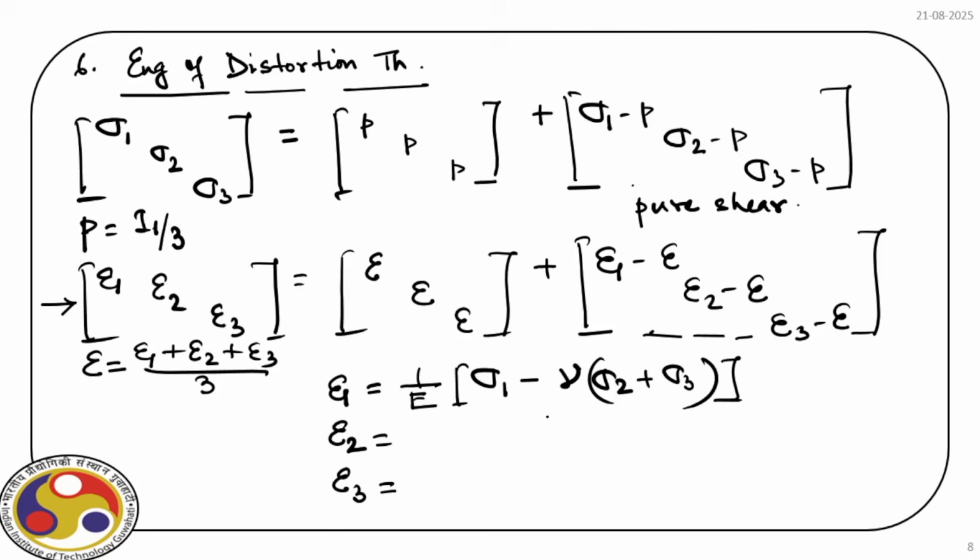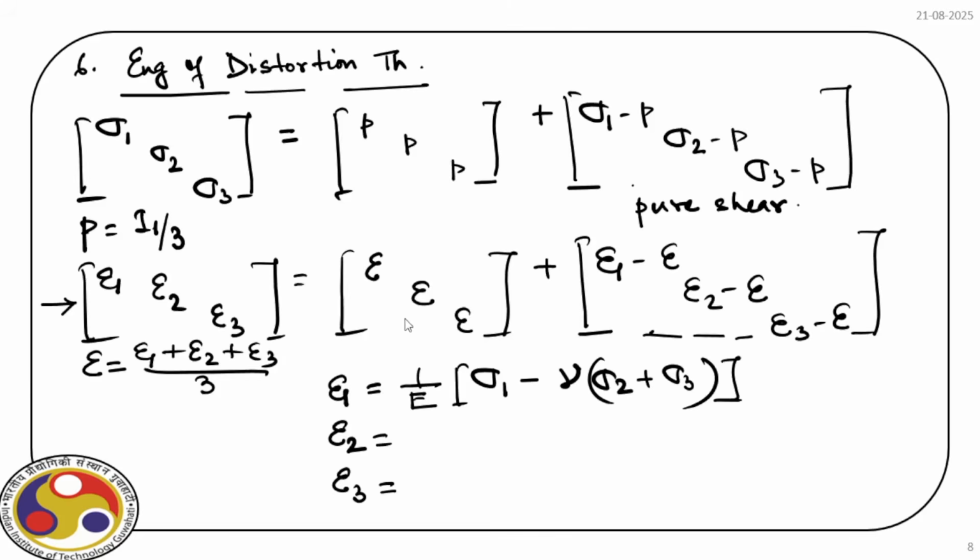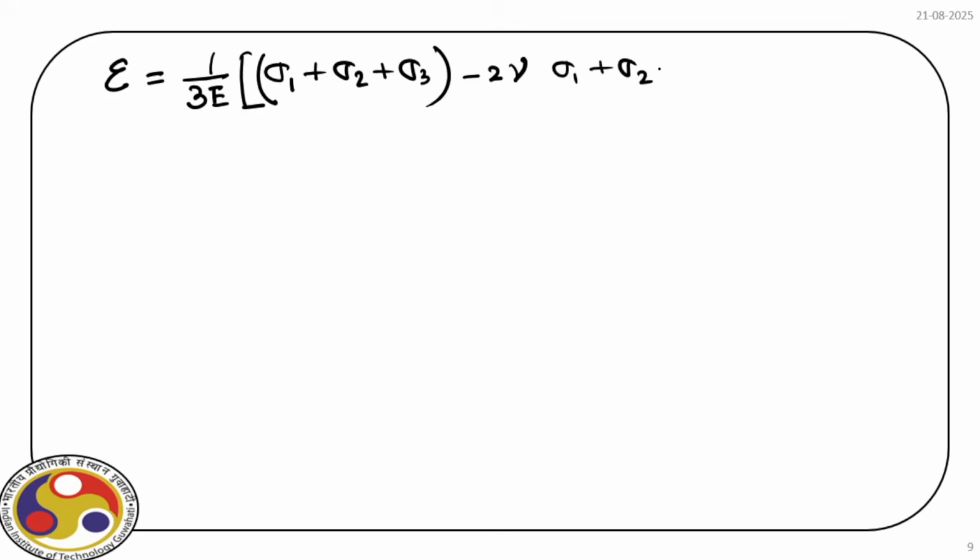Now, if we find out epsilon, which is actually here, you can see this one, then that epsilon is nothing but 1 by thrice E. Within bracket, we have sigma 1 plus sigma 2 plus sigma 3, and then minus twice nu, we have sigma 1 plus sigma 2 plus sigma 3.